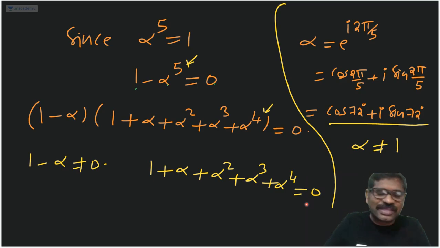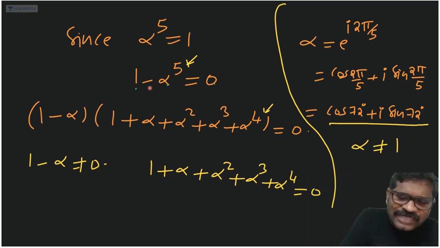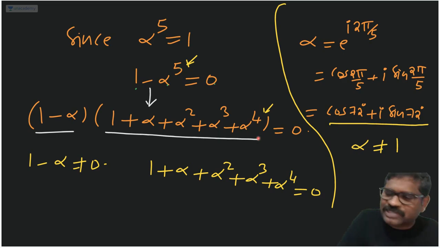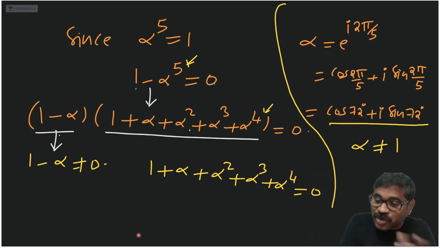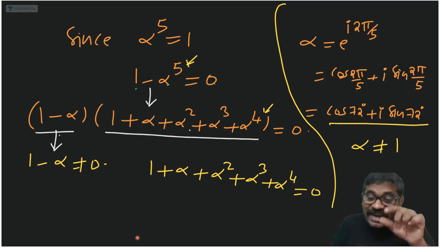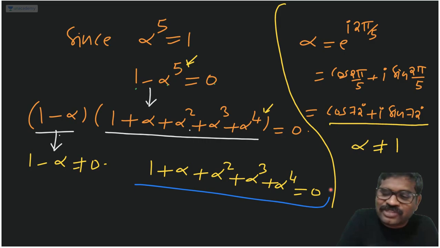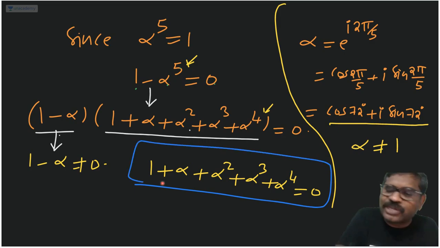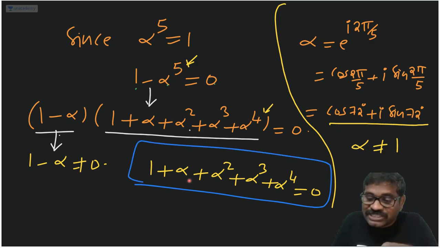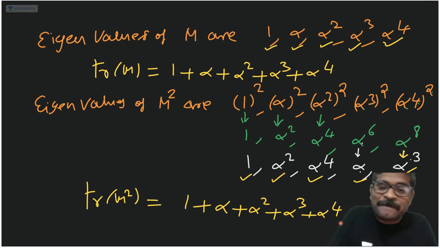Because 1 minus alpha power 5 is 1 minus alpha into 1 plus alpha plus till alpha power 4. If 1 minus alpha is non-zero, the other term must be 0, otherwise the product cannot be 0. Finally, the conclusion is that 1 plus alpha square plus alpha cube plus alpha power 4 is 0.